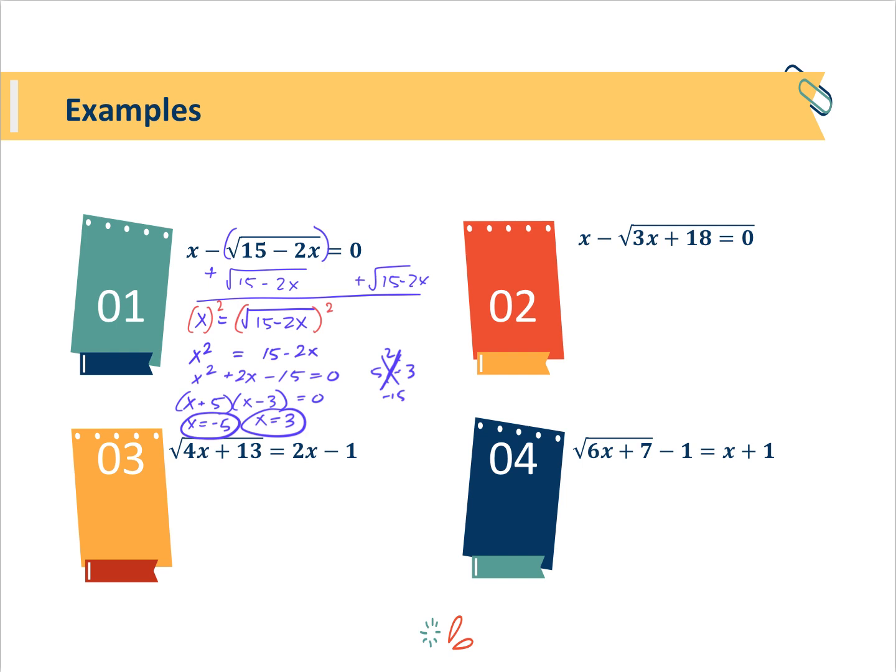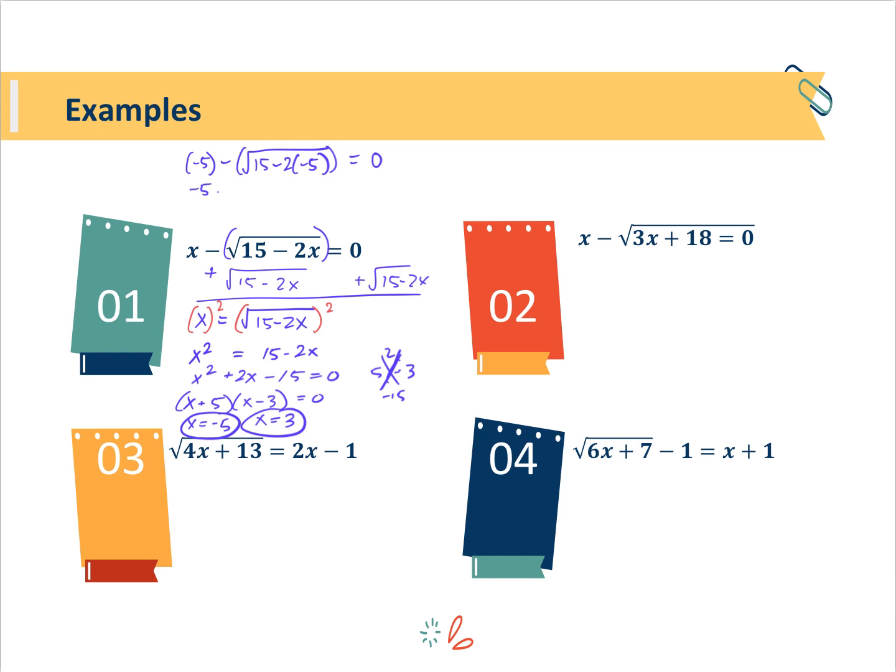And again, because I have square roots in this equation, I do have to check it. It's not just a square root, it's that the variable is inside the square root. So I have to come here and actually plug it in. I'm going to try negative 5. So negative 5 minus the square root of 15 minus 2 times negative 5 equals 0.